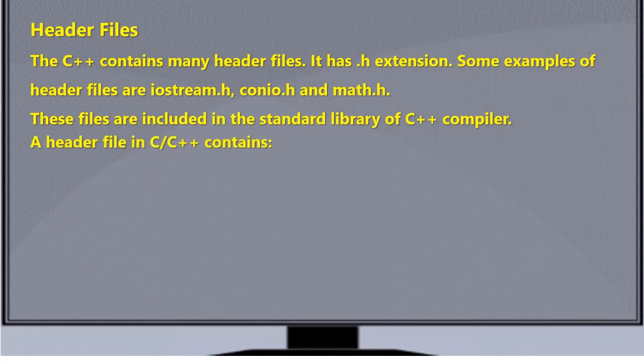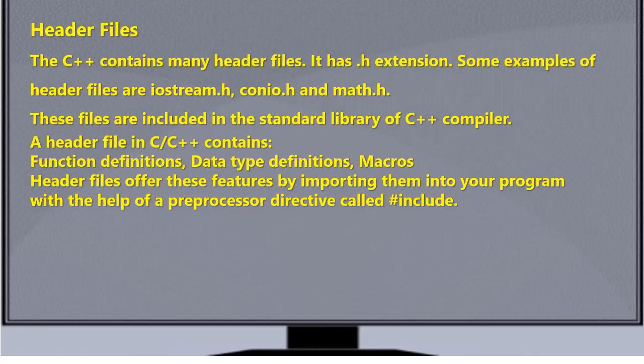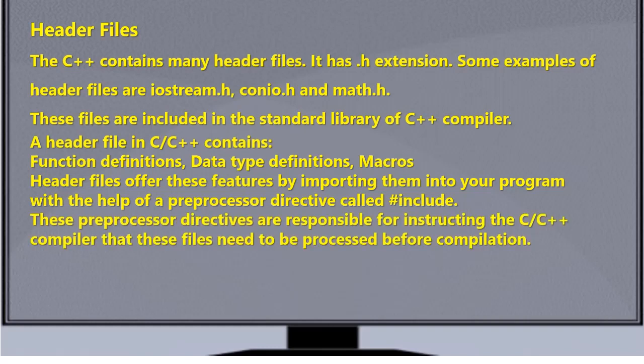A header file in C++ contains function definitions, data type definitions, and macros. Header files offer these features by importing them into your program with the help of a preprocessor directive called hash include. These preprocessor directives instruct the C or C++ compiler that these files need to be processed before compilation.